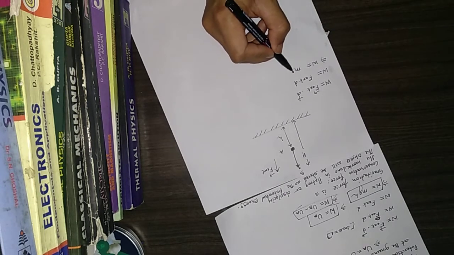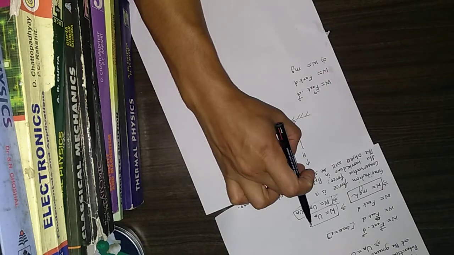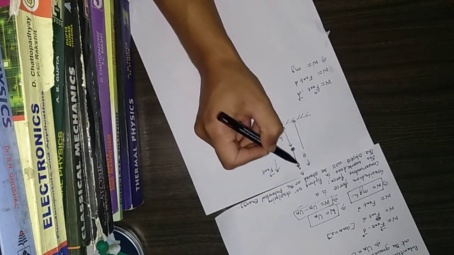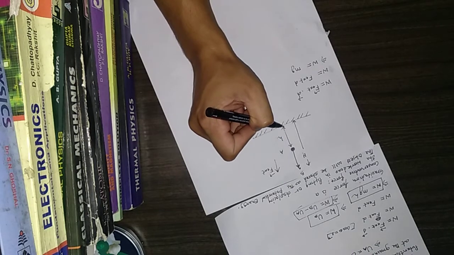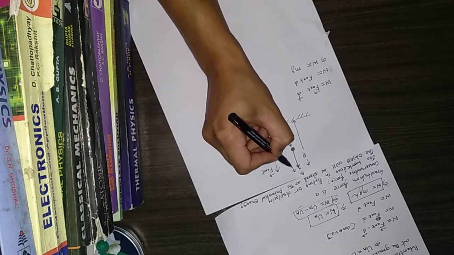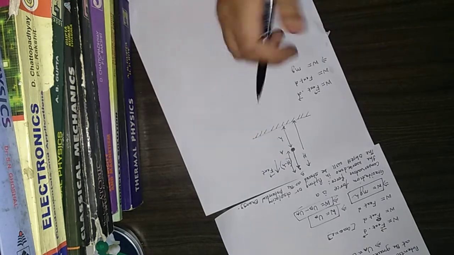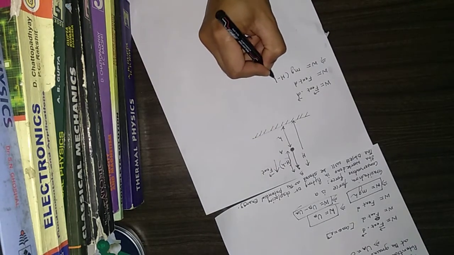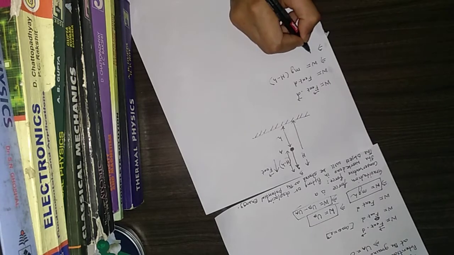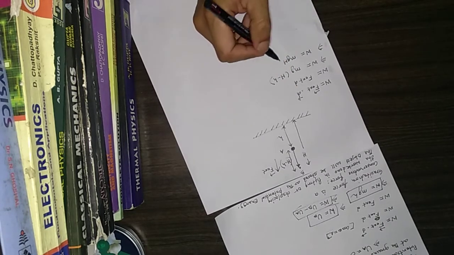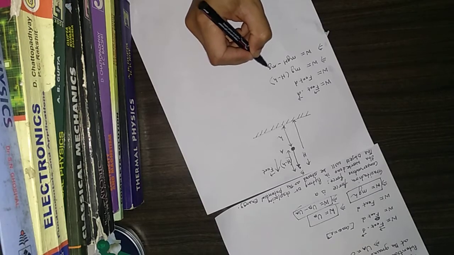F external is mg, and this displacement, from here to here, is capital H, and from here to here it is small h. So the difference is capital H minus small h. So work done is mg times (H minus h). If you multiply inside the bracket, it is mgH minus mgh.